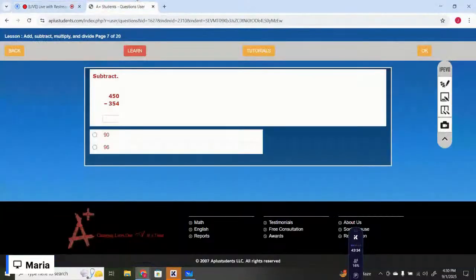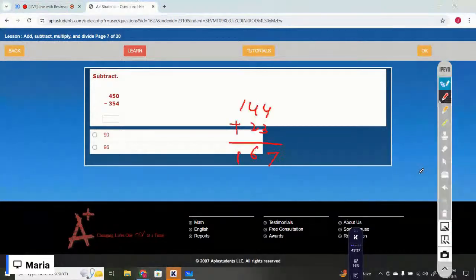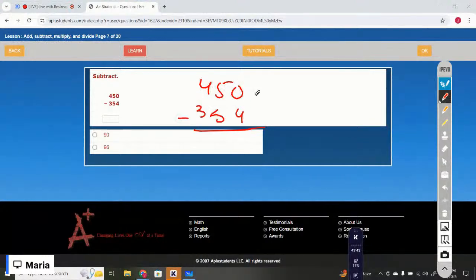450 minus 354, sorry. We cannot subtract 0 out of 4, so we need to borrow 1. That borrow makes it 10. 10 take away 4 is 6. Now we cannot subtract 4 out of 9, so we need to borrow 1. That makes 3 here and 1. 14 take away 5 is 9. So that is 96.